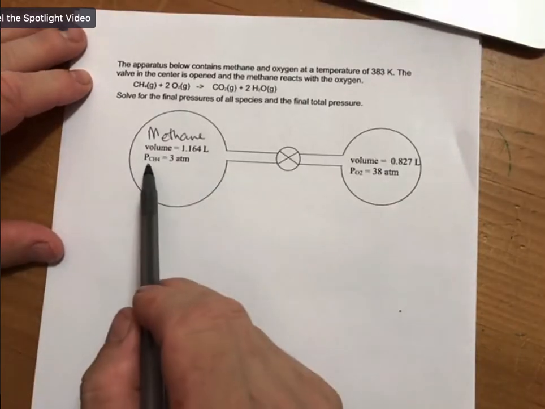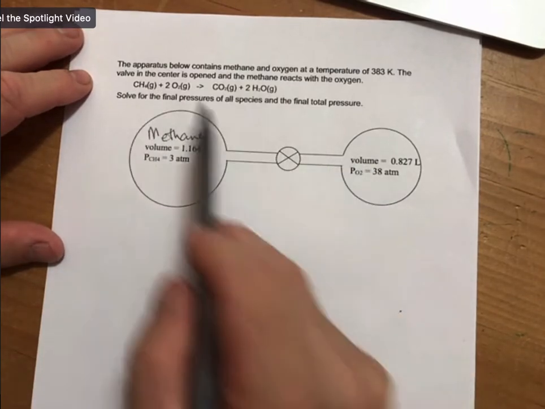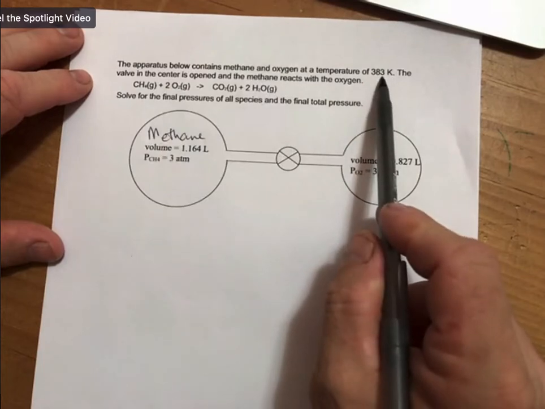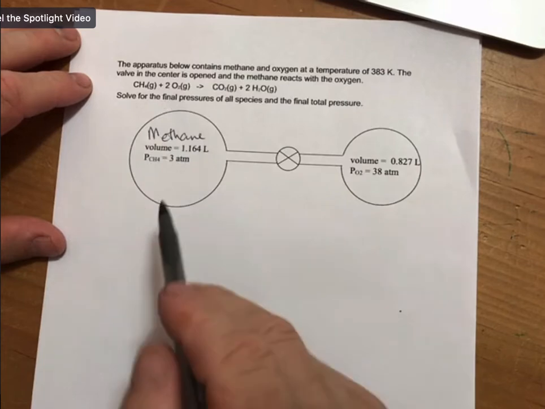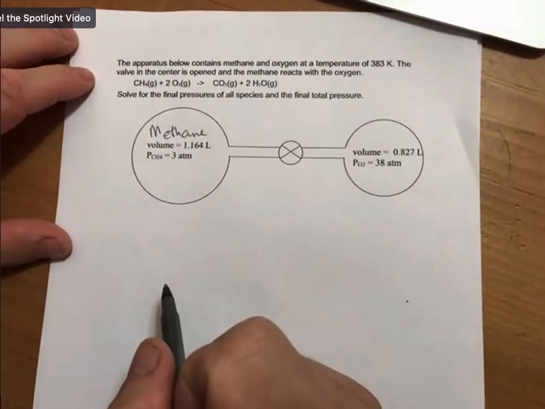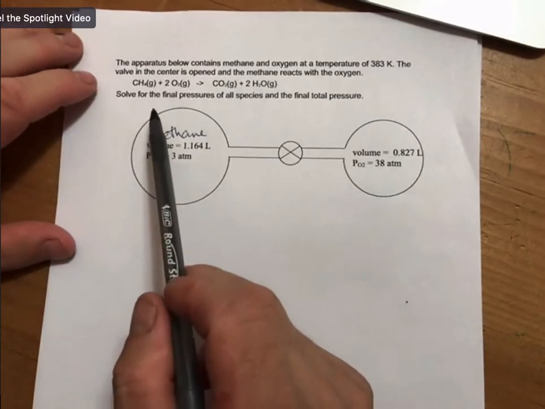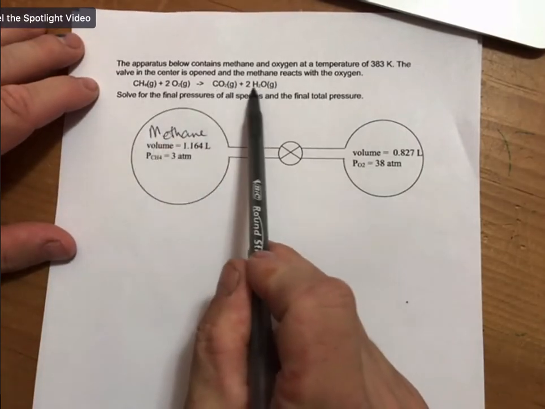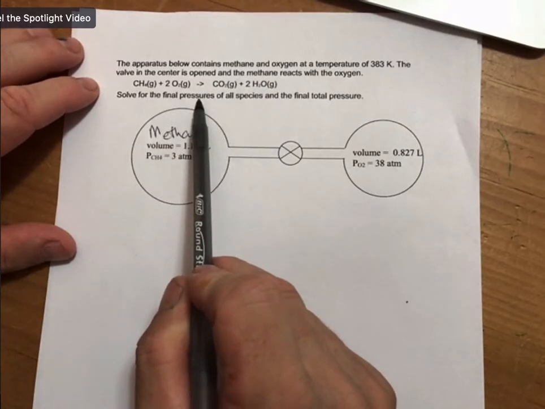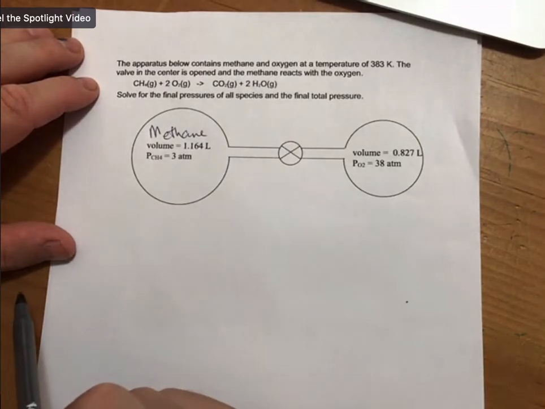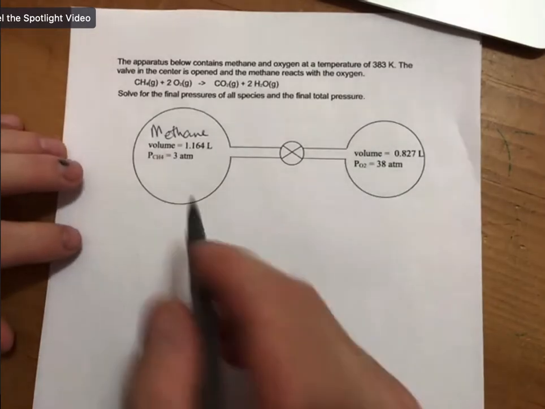Since we have a pressure and a volume of one species and a pressure and a volume of another, both at the same temperature, we'll be able to get moles of each of them, and this is a limiting reactant problem. And then the other thing that's going on here is that we are creating gases, and we're going to have to figure out the pressure of those gases as well, and then add them up to get the total pressure. So that's an overview of this problem. Let's go ahead and attack it.